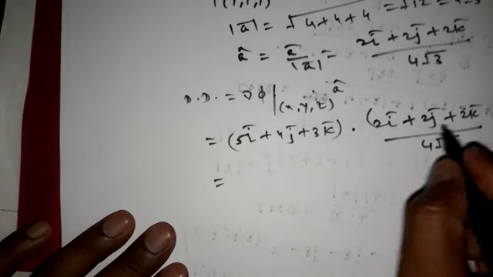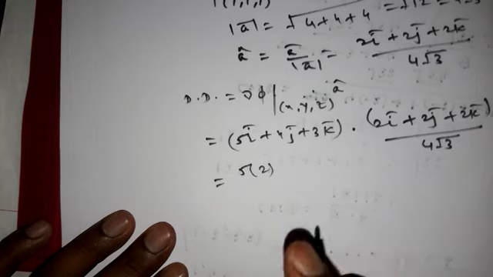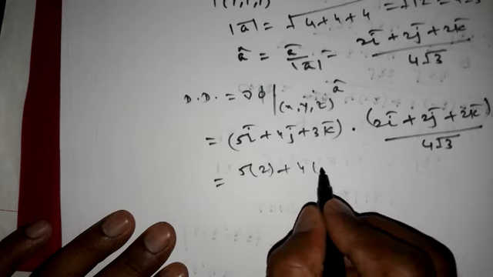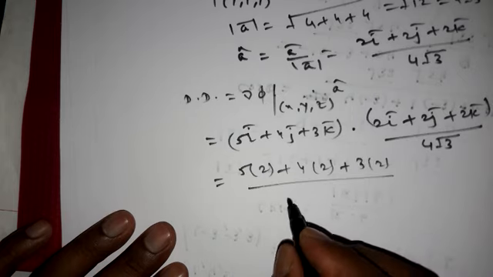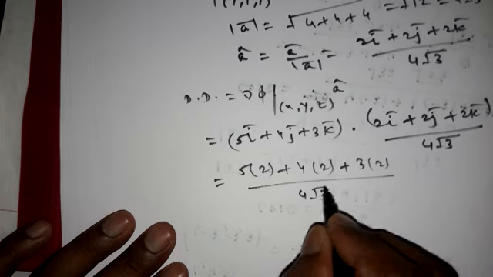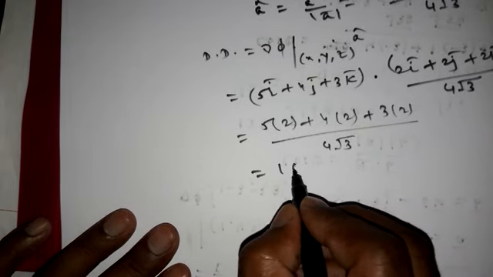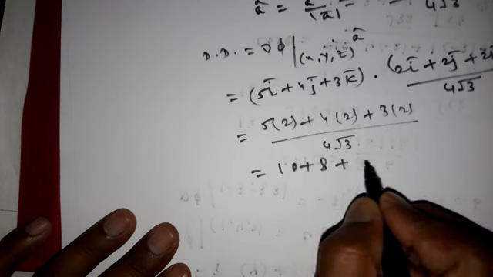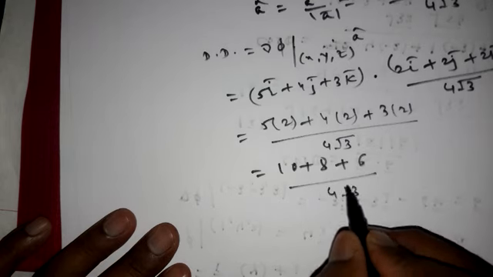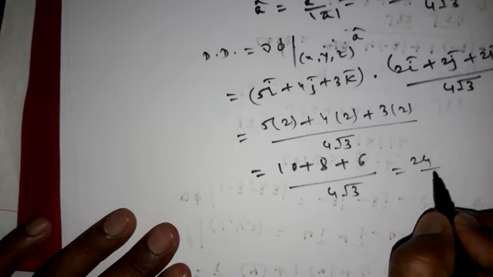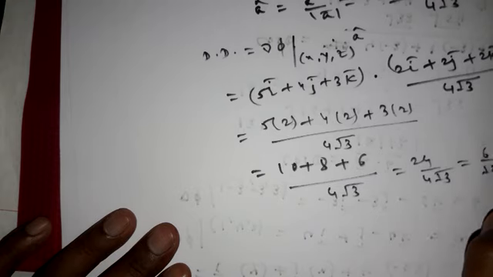Taking the product, 5 into 2 plus 4 into 2 plus 3 into 2 upon 4 root 3. So our final answer is 10 plus 8 plus 6 upon 4 root 3, that is 24 upon 4 root 3, or you may write 6 upon root 3.